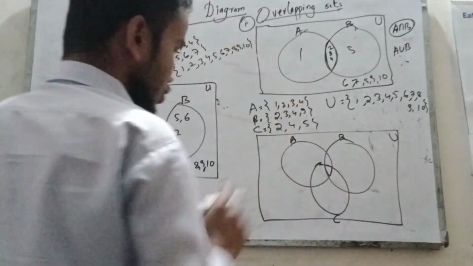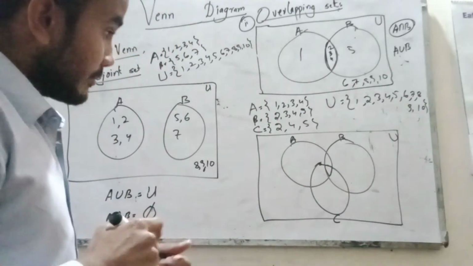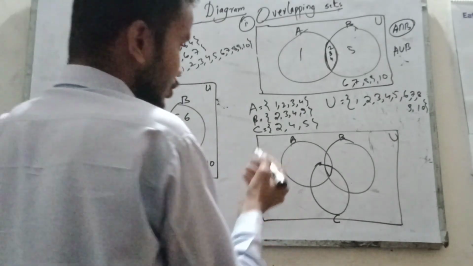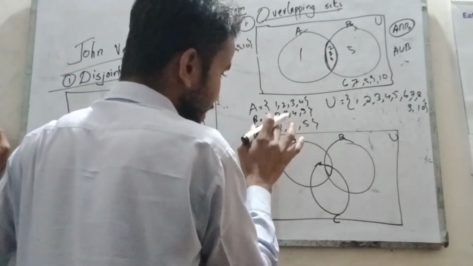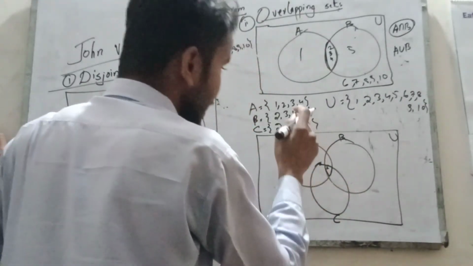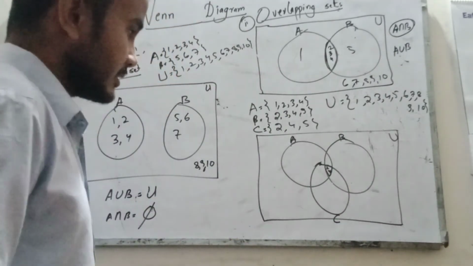A and B. So see the example. What numbers are common to these three sets? 2, here is 2, here is 2, here is 2. So 2 is common, we can write here 2. And the second one is 4 is common. 2 and 4 we have written.